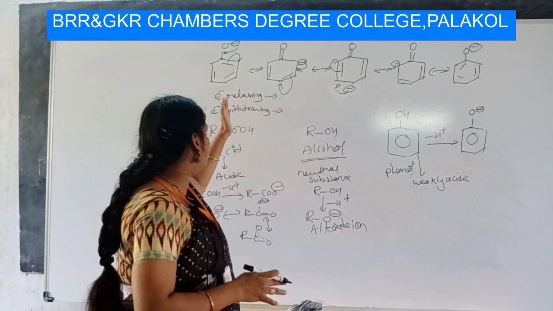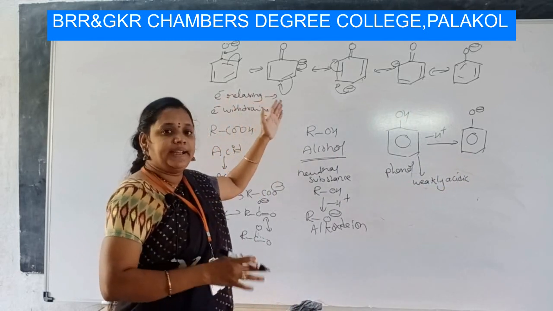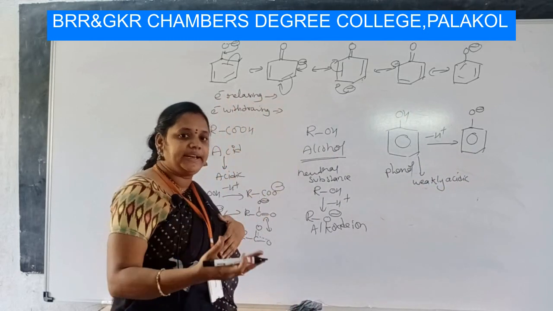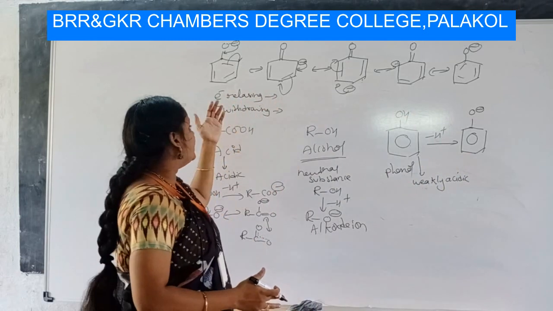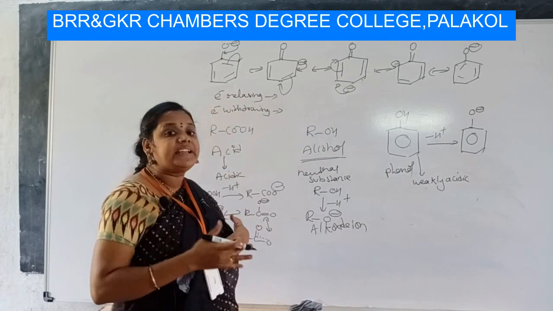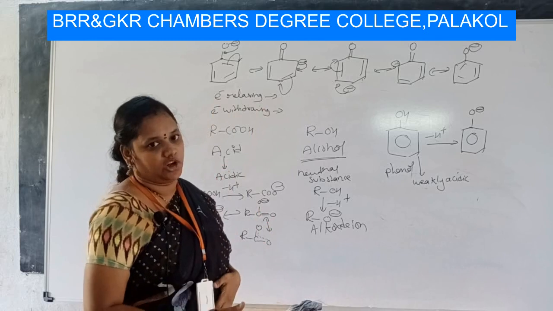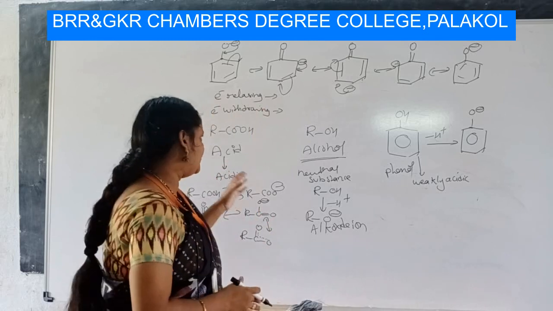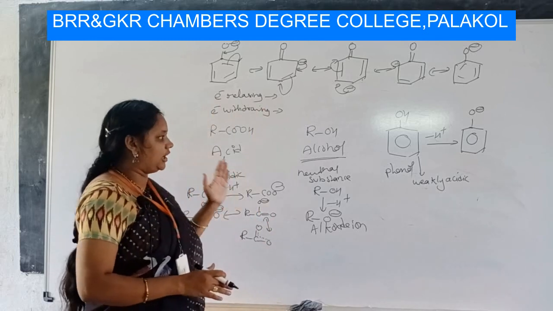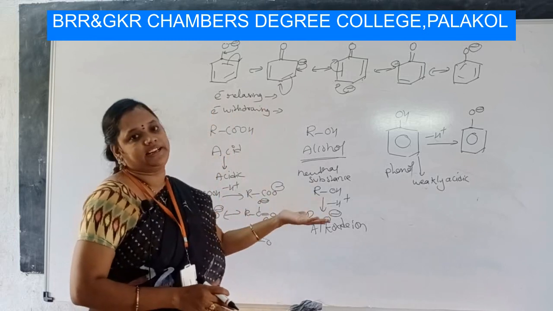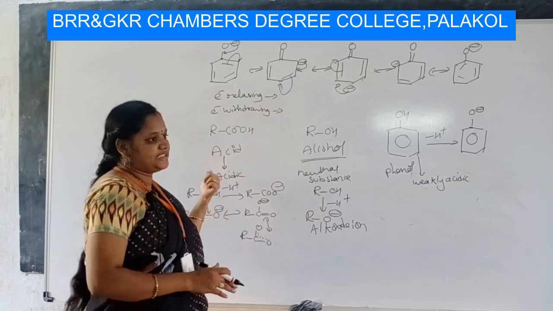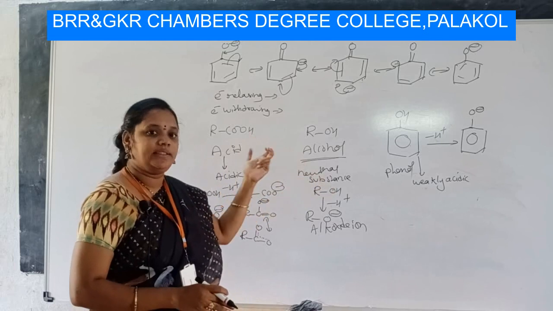So, electron releasing groups decrease the acidity of phenol, whereas electron withdrawing groups increase the acidity of phenol. So, what happens, students, when you compare acid, alcohol and phenol? Phenol is weakly acidic.